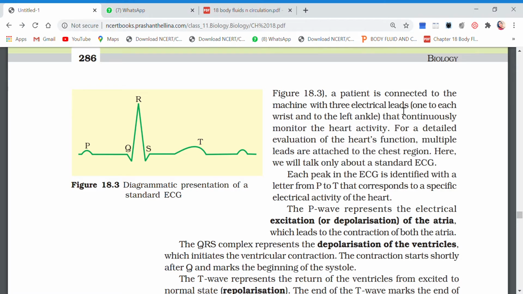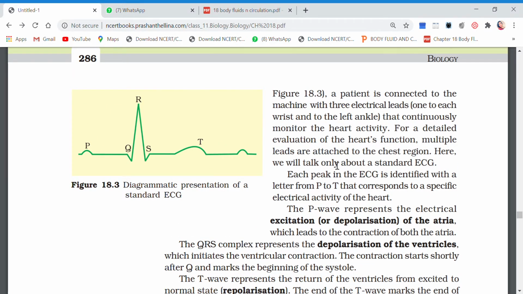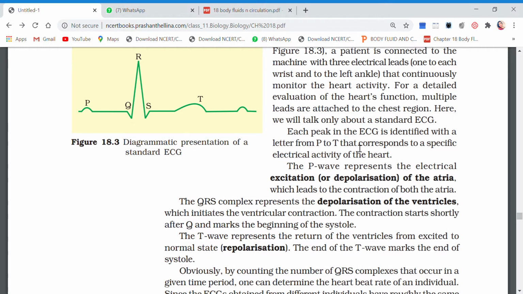And where will you attach these 3 leads? 1 on each wrist and the third one to the left ankle. Here we will talk only about a standard ECG. We are not going to do the detailed ECG, in which we connect multiple leads to the chest also, that you do when you go for your medical studies, higher studies.